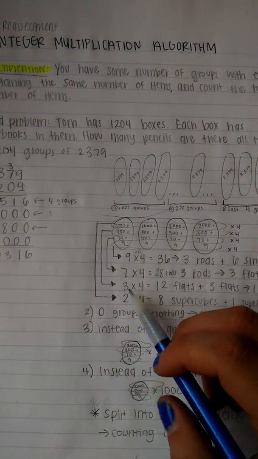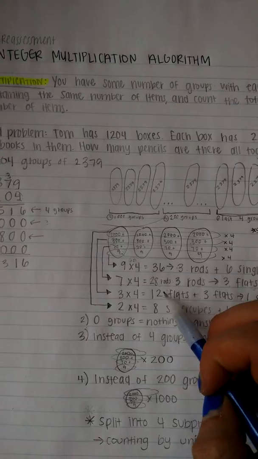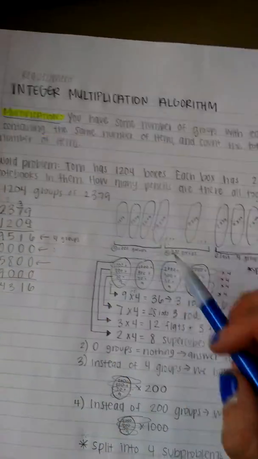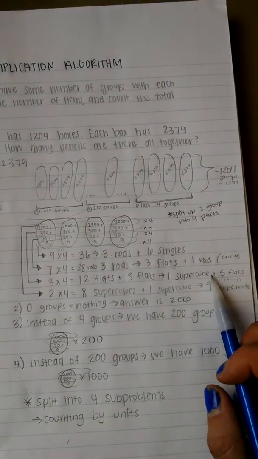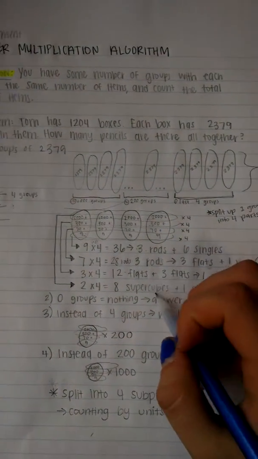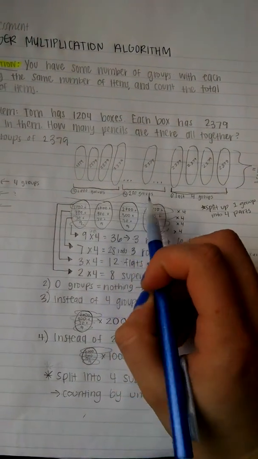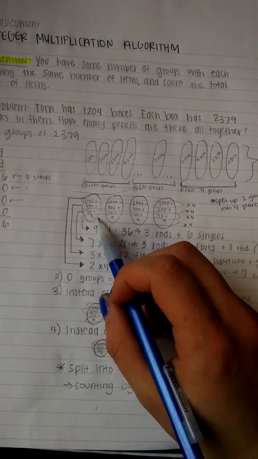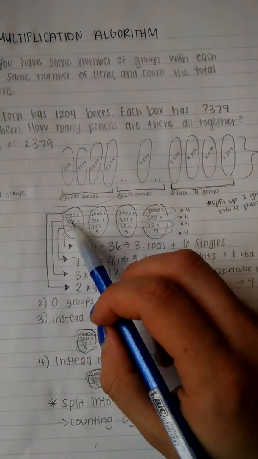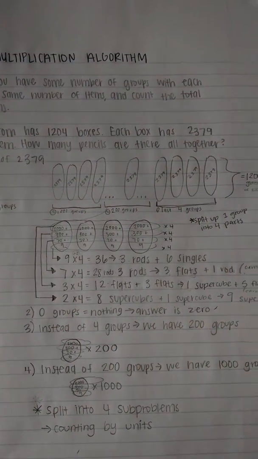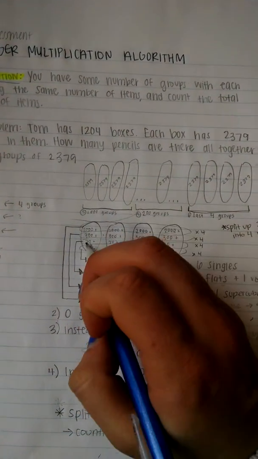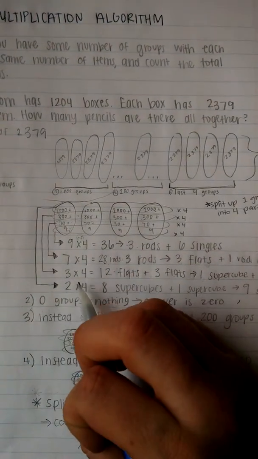That means we have 3 groups of 4, which is 12 flats, plus those 3 flats that we carried above. It gives you 1 supercube plus 5 flats. So we have 300 groups of 4. I'm sorry, I said that wrong.